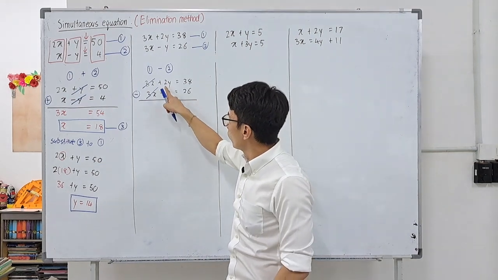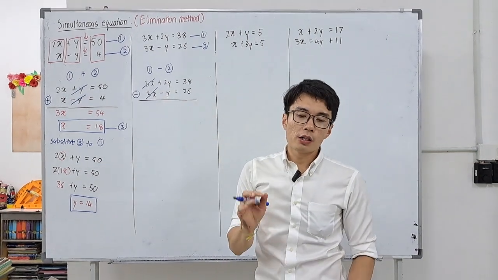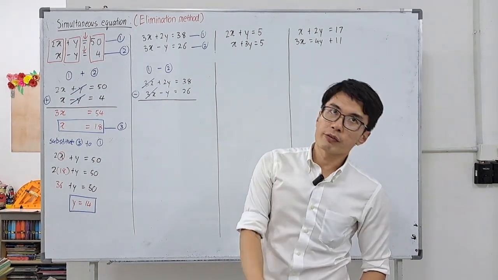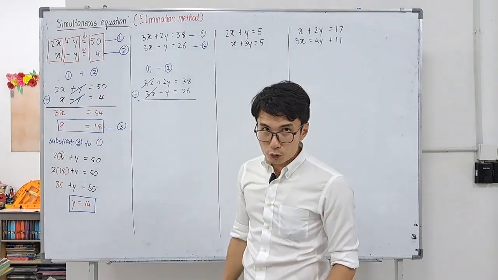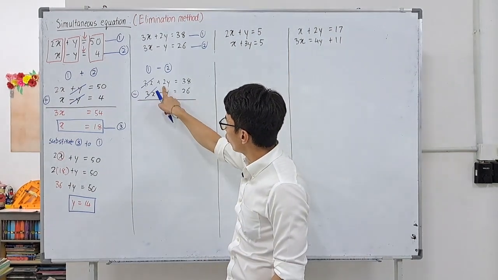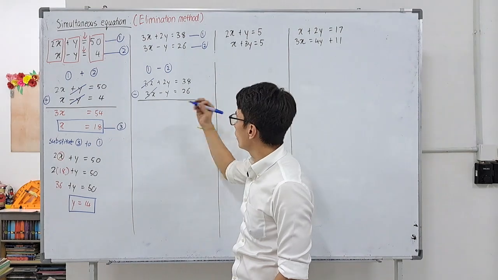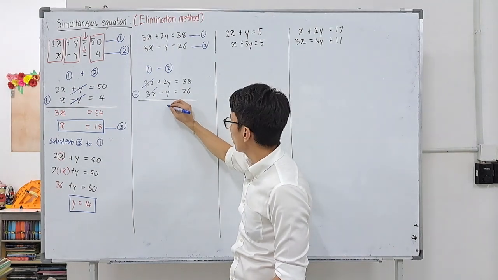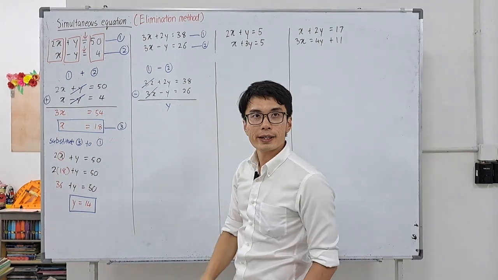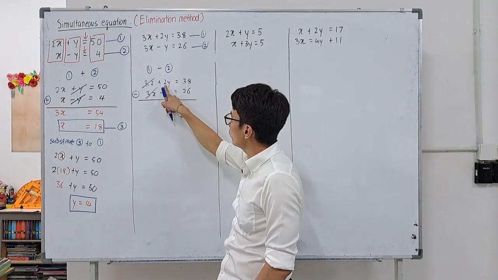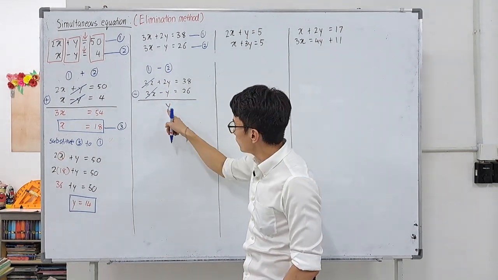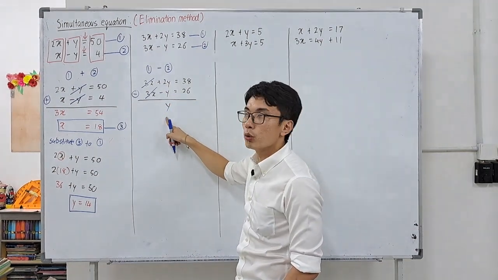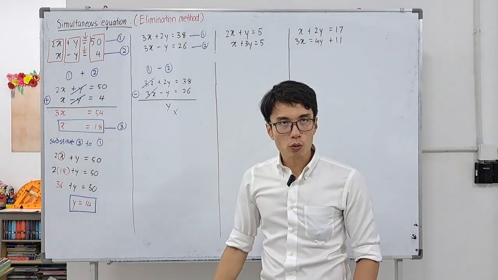Now this second one over here, a lot of students are going to make a careless mistake. A lot of students, what they will do is they would see, oh, 2y minus y. Then straight away they will write the answer as y. Looks correct, right? 2y minus y. But this is actually wrong. Now why is this wrong?